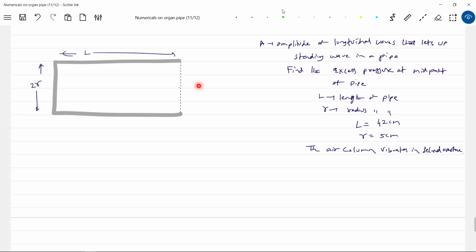So where will that node be? The pressure node will be at the open end or on the right side of the open end, the right side of the open end. This is the mistake we usually make. So you have to extend it.